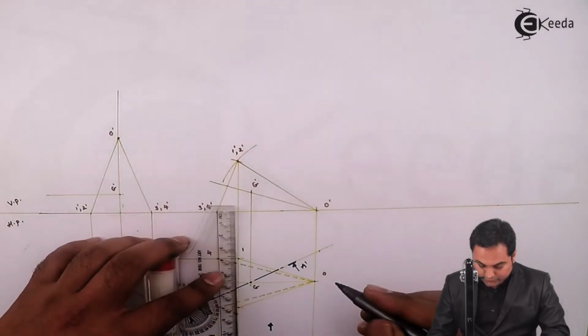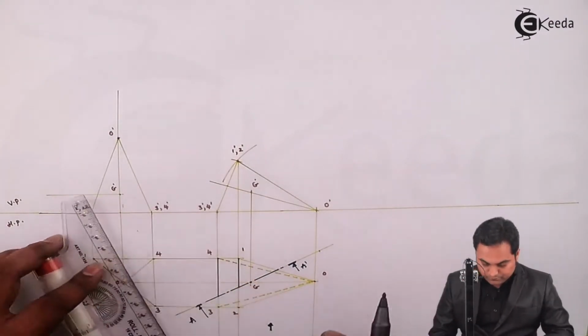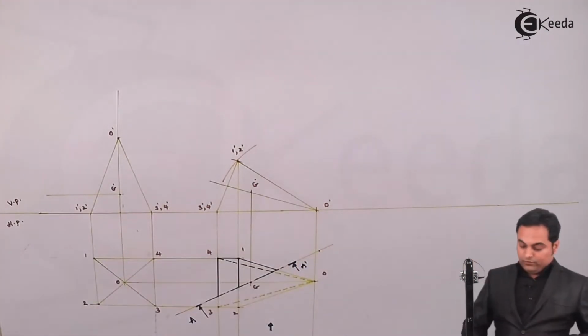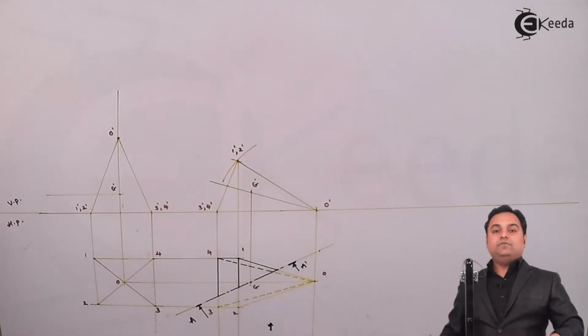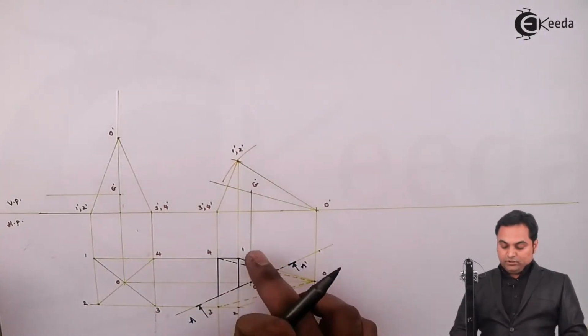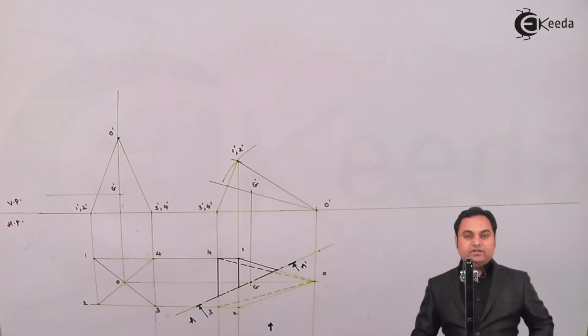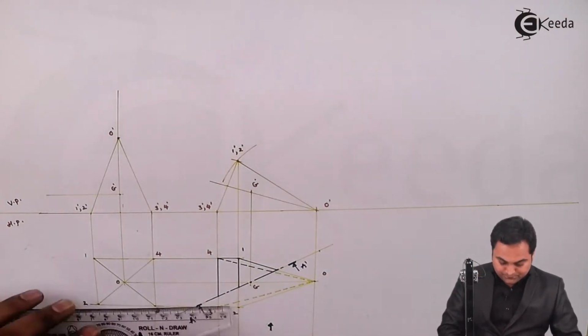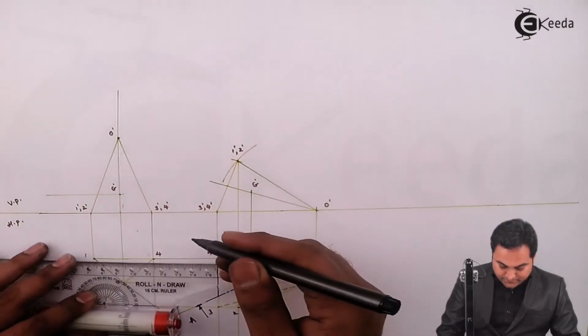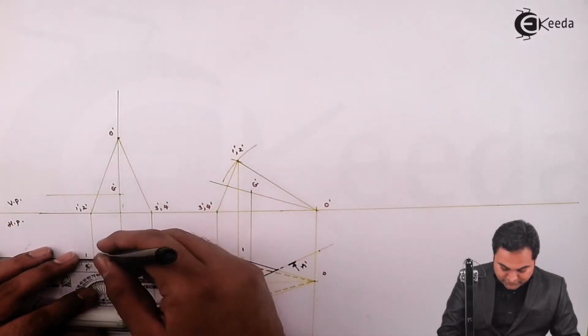So I'll join all the points here. So here is the cut section of the pyramid. Only this much part is retained. Once I have drawn it dark, I can make the initial conditions also dark. So here I am making the initial conditions dark.